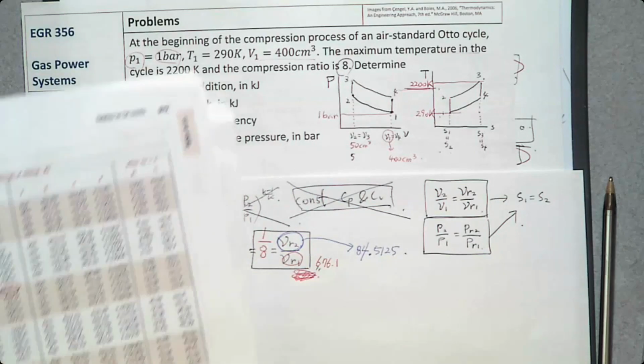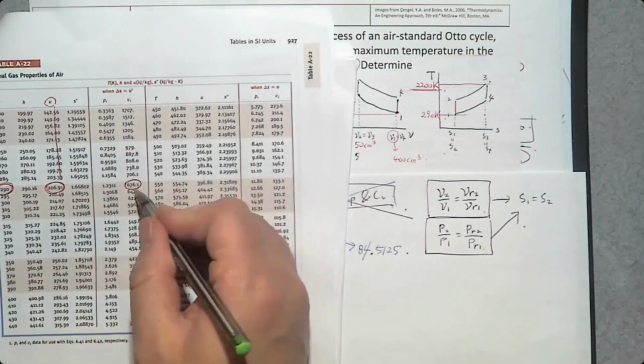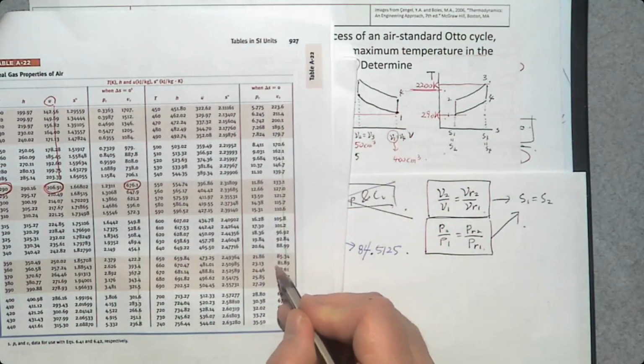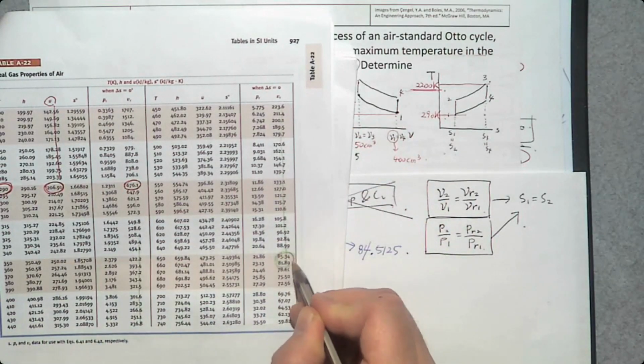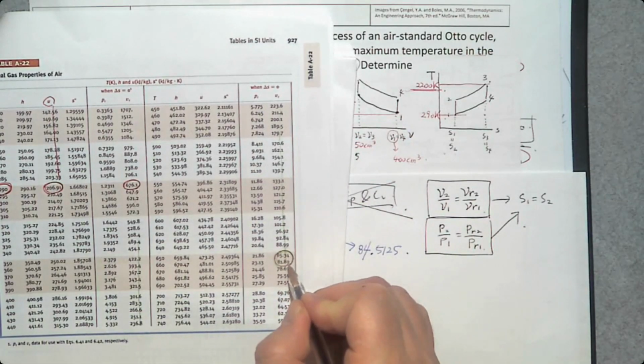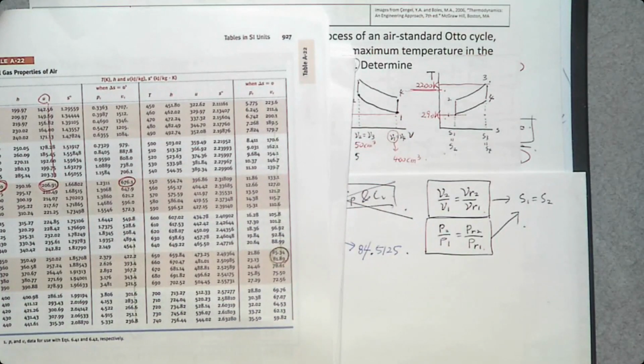Once you know VR2, you can find this VR2 on the same table. So VR2 is 84. So let's find 84. It's not here. 84 is between these two numbers. So can you determine internal energy U at the same VR2? Yes.